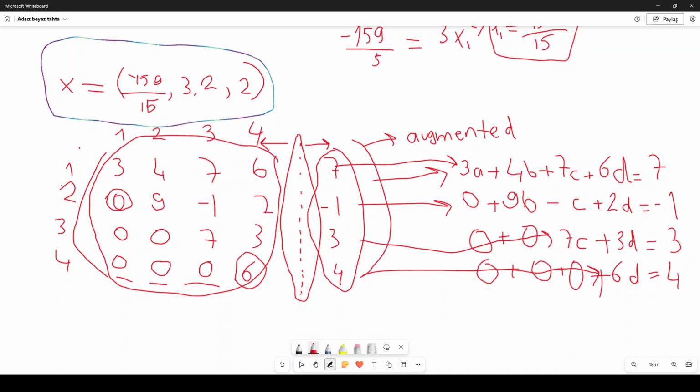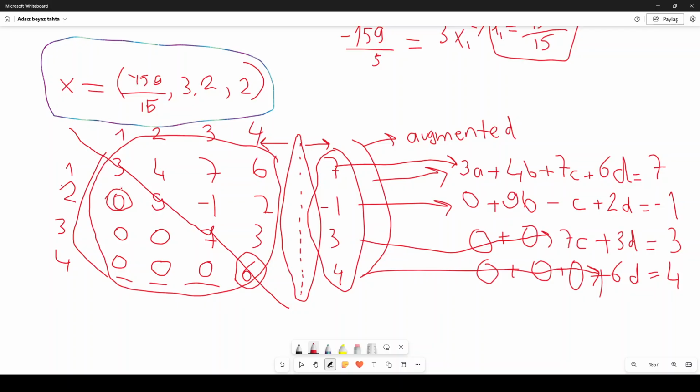Then what I am trying to point out here is that the entries I just drew, starting with the upper left corner and making my way all the way down to the right corner in the last row, these values on this diagonal are called the diagonal entries, and this line I just drew for you is called the main diagonal.